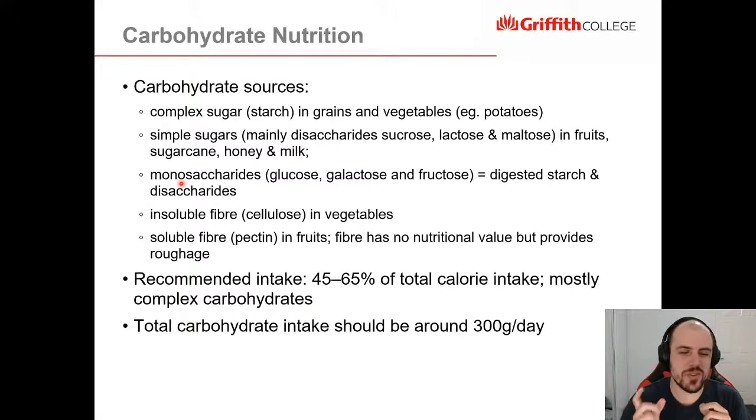So the main prefixes you would need to know are mono means one, di means two, and oligo, O-L-I-G-O, means a couple, anywhere from 3 to 10-ish. And once we're past 10, we just call it a carbohydrate.